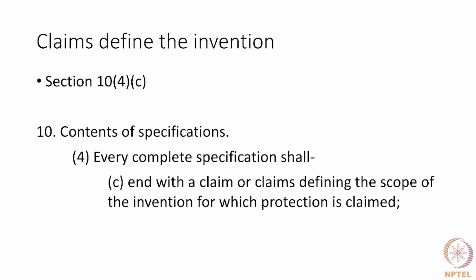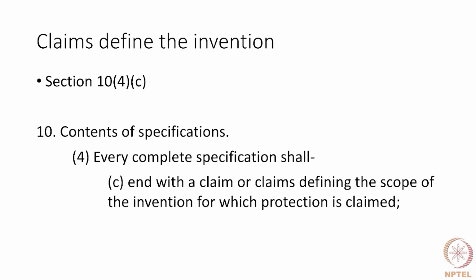There's a title to the invention, a background of the art, a brief description, a detailed description, and drawings. If you look at the written part, the claims come at the end of the specification. So the claims are the last portion, or what we call the specification ends with the claim.